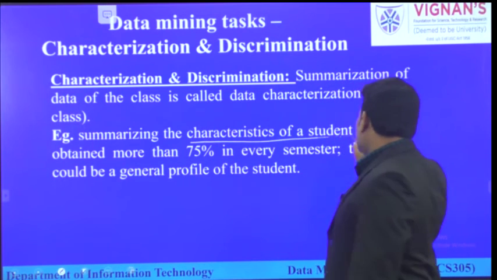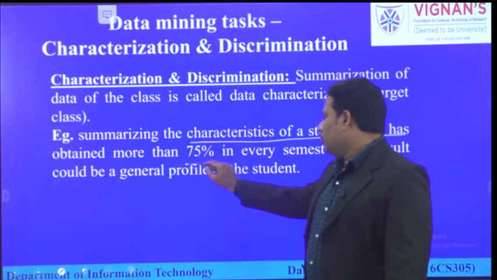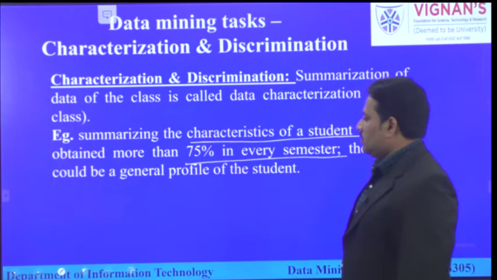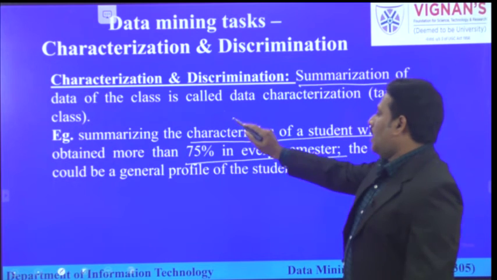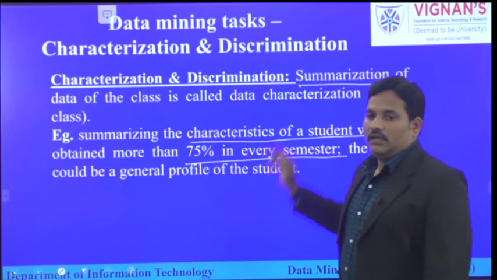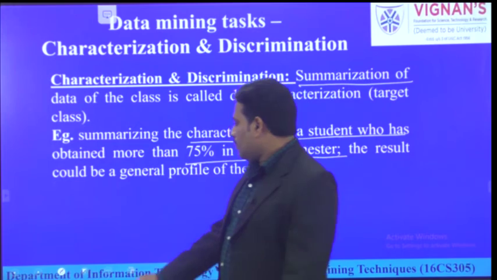Summarizing the characteristics of a student who has obtained more than 75% in every semester. The result could be a general profile of the student. Here we have the result of every semester of a student, and finally we want to come to a conclusion about what he can achieve in upcoming semesters. This summarization of the data of the class is called data characterization.